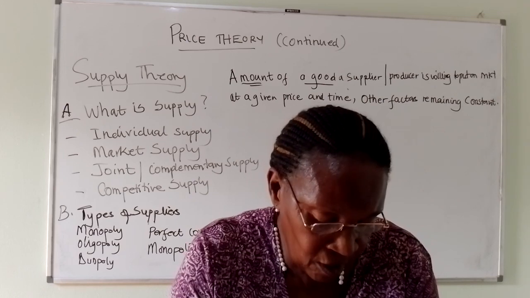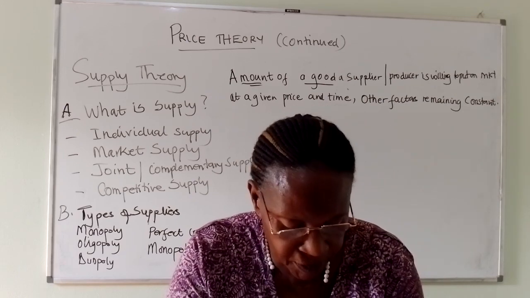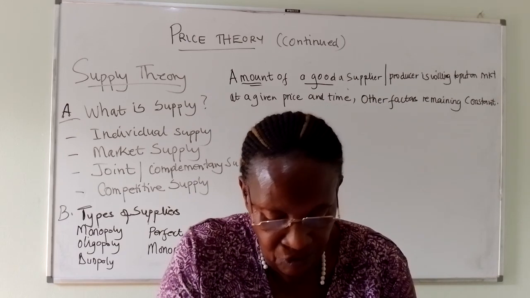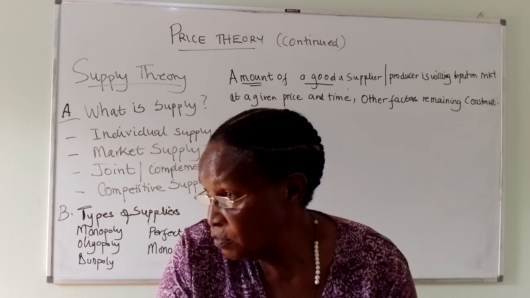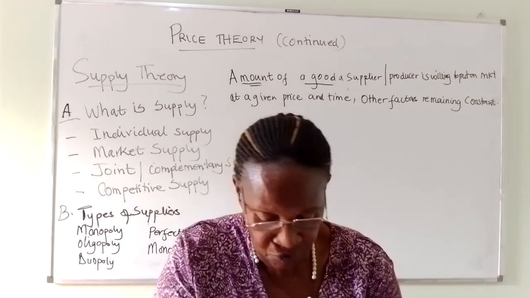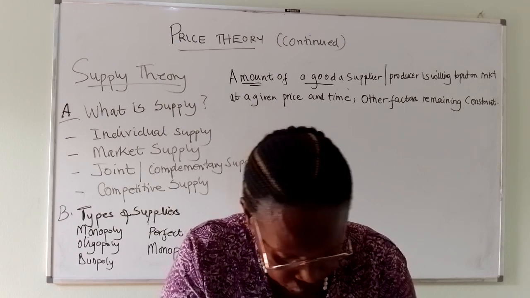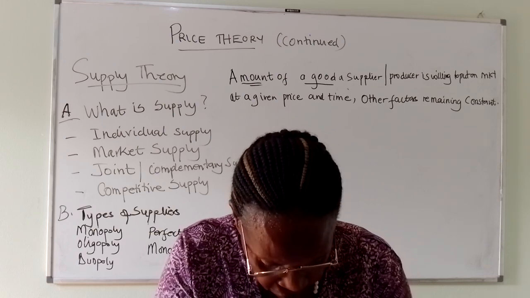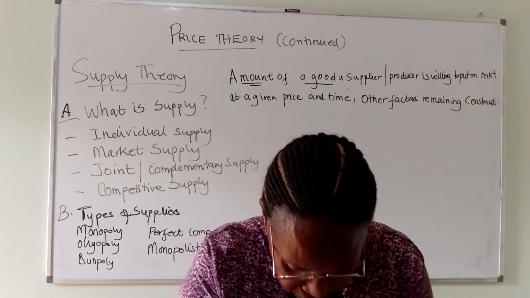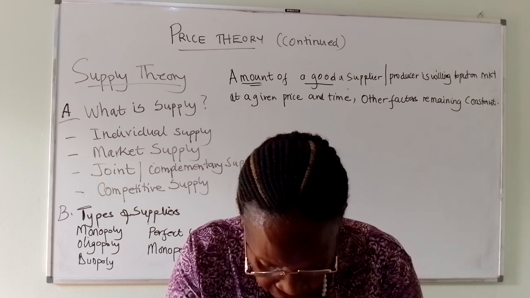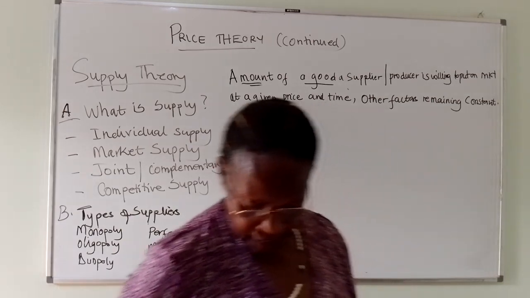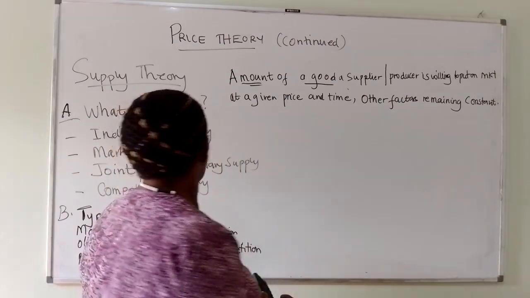But if it is one, we can look at it from the micro perspective and regard it as a single person, so we can look at it as an individual. So quantity of a commodity that a farm or a producer is willing to sell at various prices and at a given time.